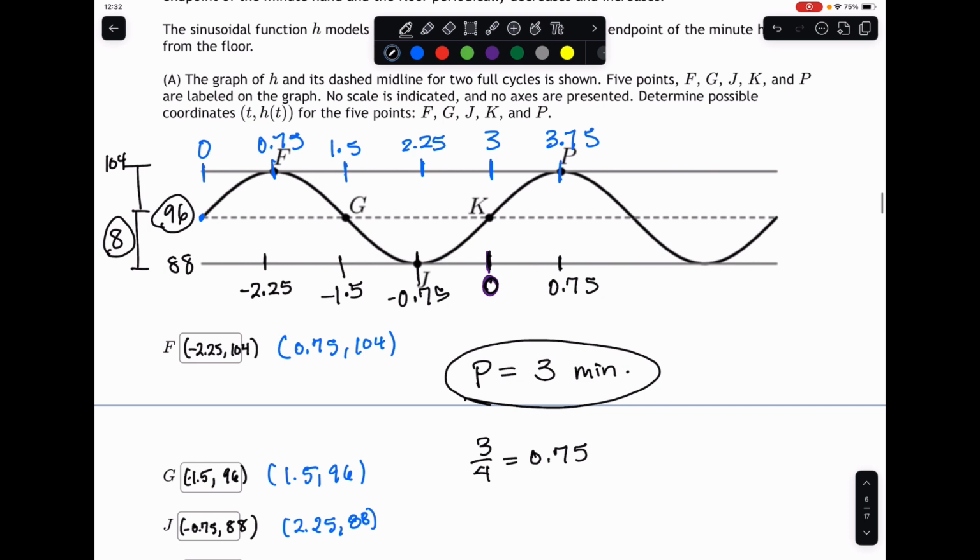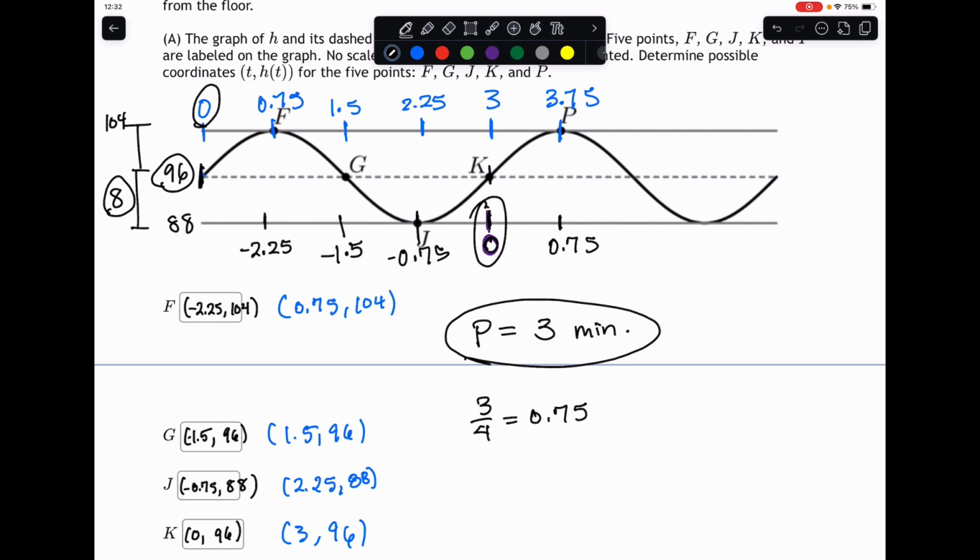We could start over here, where the time value is equal to 0, or we can start over here at K, where the value is 3, or also equal to 0, okay? So there's 2 possible correct answers.